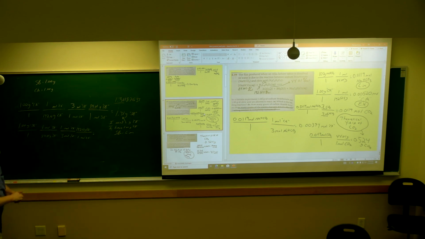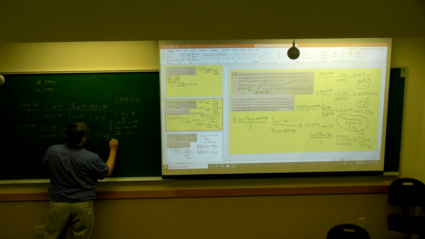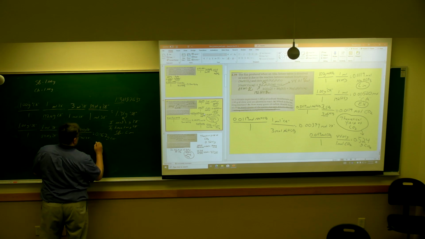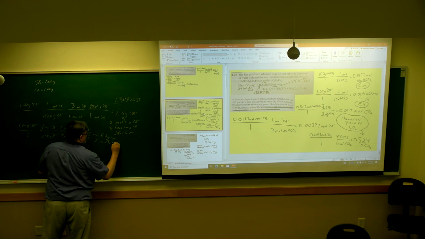Okay, so that's going to give me grams of the other reactant. 192.12 divided by 84.01, divided by 3. 2.762 grams of CA. I need this many grams of CA.